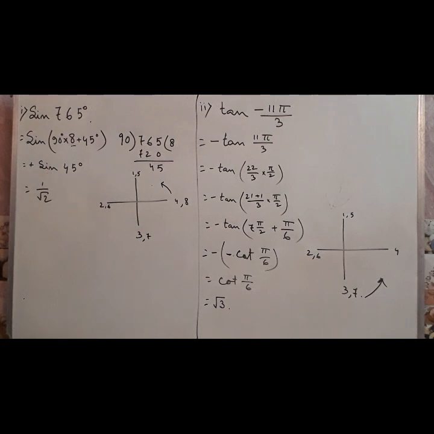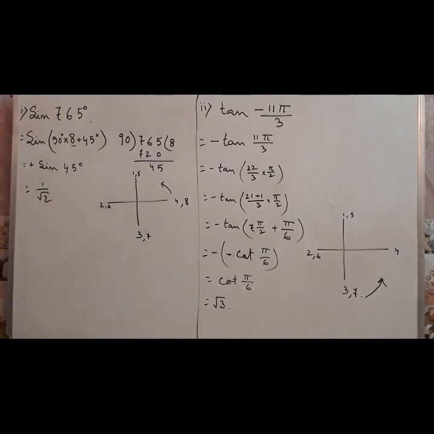Now you see in which quadrant this 765 lies. 90 into 8, we will count: 1, 2, 3, 4, 5, 6, 7, 8. After that 45. That means which quadrant does it lie in? First quadrant. In the first quadrant the given trigonometric function is positive, so a plus sign is given, then the 45 degree remainder.